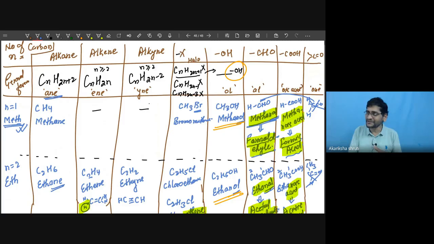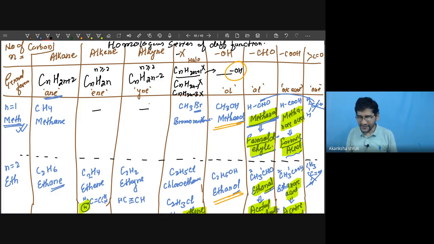Next, whatever table we have prepared can be written as the homologous series of different functional groups.